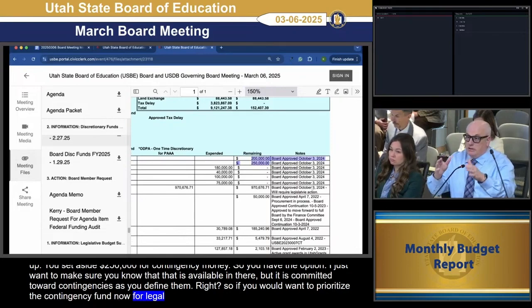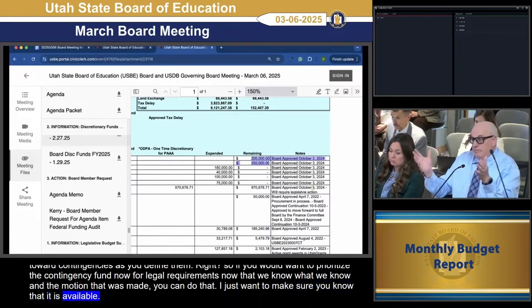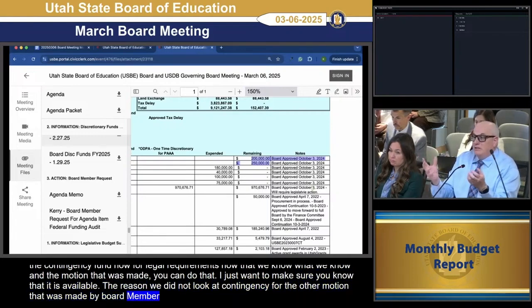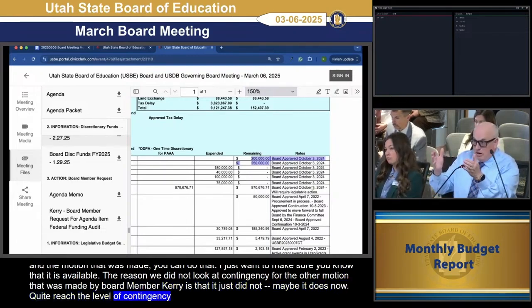The reason why we didn't look at contingency for the other motion that was made by Board Member Carey is it just didn't, and maybe it does now, quite reach the level of contingency need, right? Or extra. We just want to make sure that you're aware of that. I go through these reports too fast.